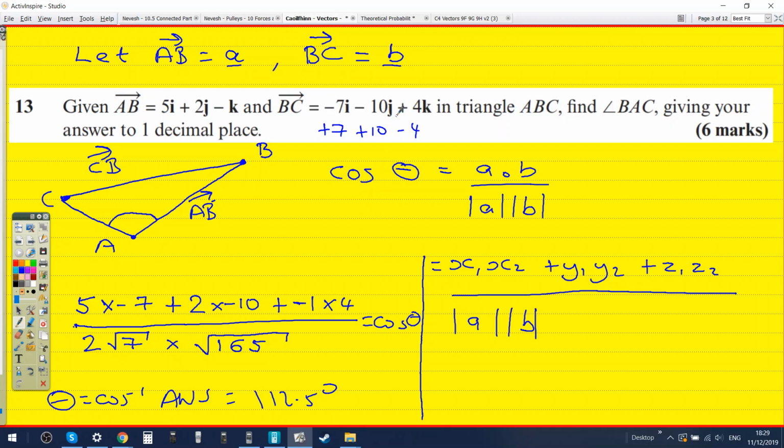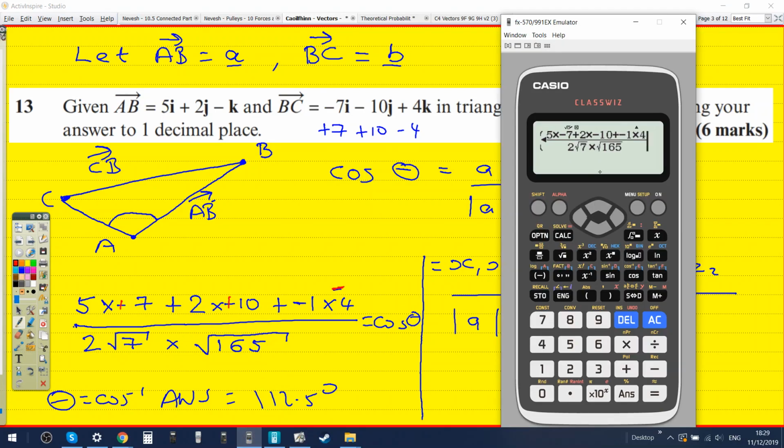And so that would be minus 4, that would be plus 10, and that would be plus 7. Let's try it. So that's minus 4, plus 10, plus 7.